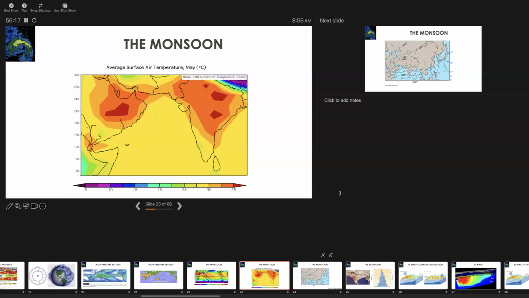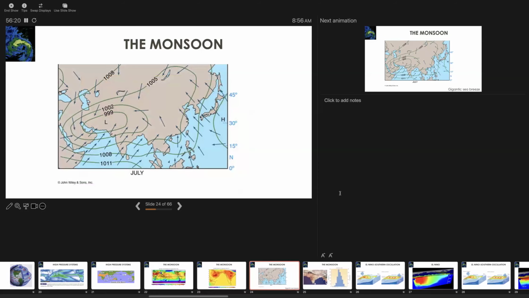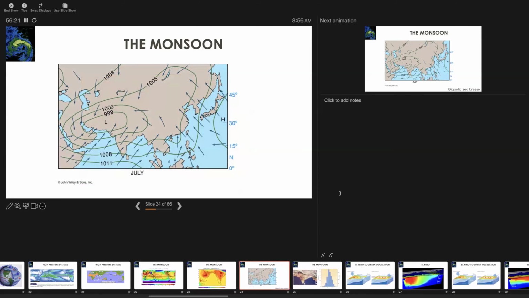So that's temperature. And then this shows the pressure patterns. And that equatorial trough, the ITCZ, that's doing this and wraps around like that, causes massive amounts of moisture to flow in May, June, July, August off the Indian Ocean, right? If the ITCZ was suppressed and shifted down south, then there would be no monsoon.